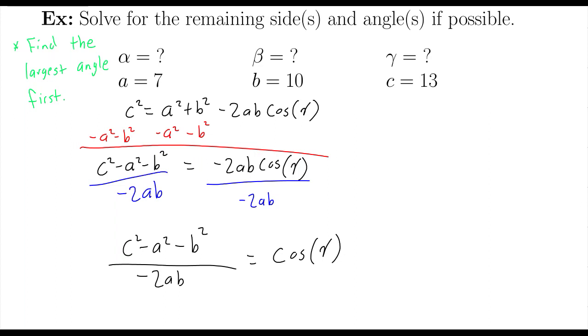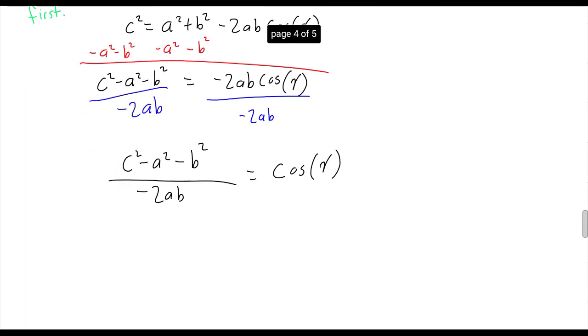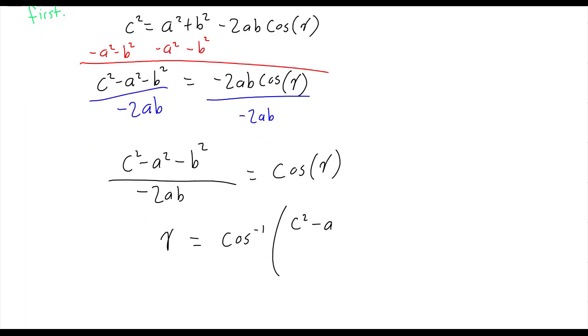And then I use the inverse cosine to get gamma by itself. So gamma, I'm also flipping this around, gamma is equal to inverse cosine, or arc cosine, of C squared minus A squared minus B squared over negative 2AB. Okay, so that's just a rearrangement of the actual law of cosines. All right, so let's actually go and plug all that in.